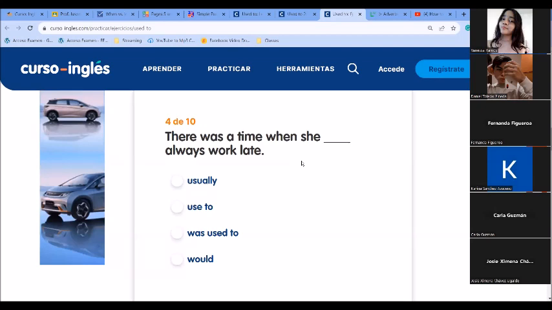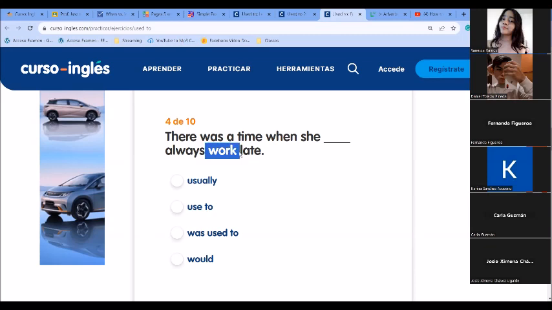There was a time when she... a ver, was used to. Explícame qué entendiste. Que había un tiempo donde ella siempre llegaba al trabajo tarde. ¿Y qué es el enfoque? Había un tiempo.